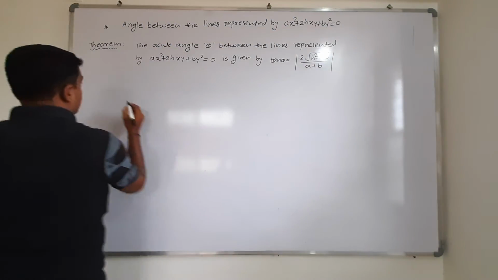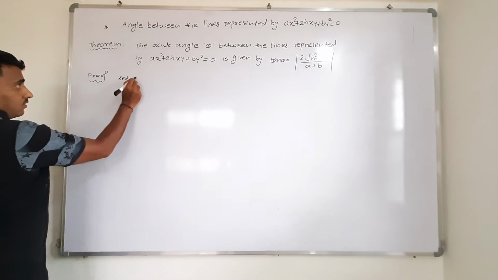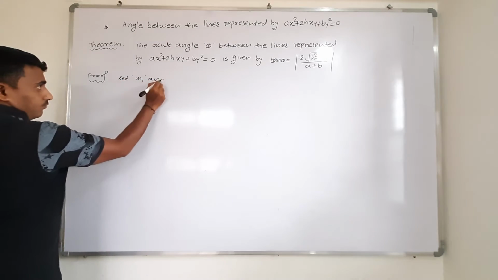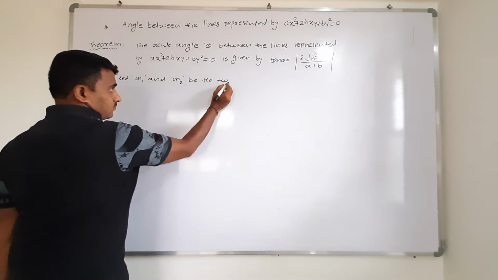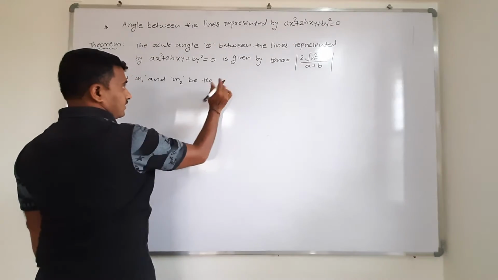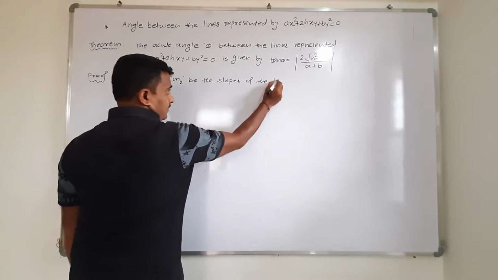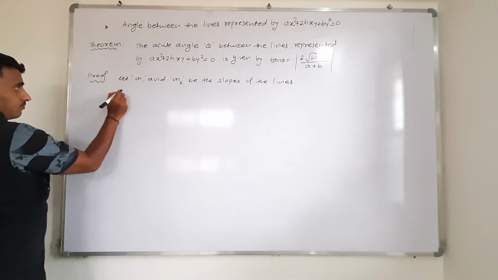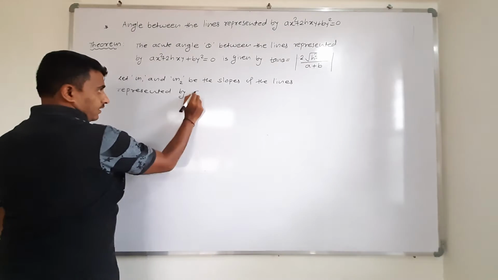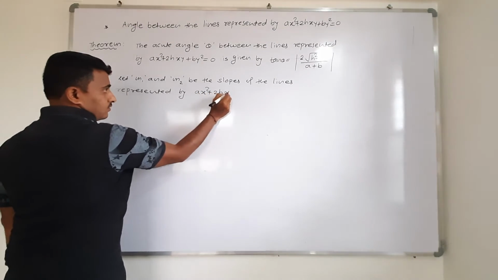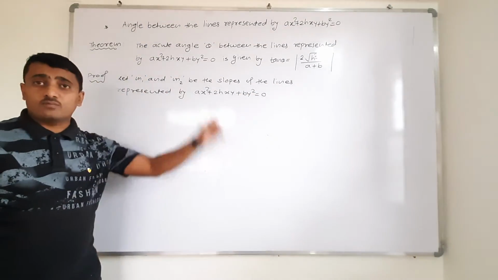Now proof of this theorem. Proof. Let m1 and m2 be the slopes of the lines represented by ax square plus 2h xy plus by square is equal to 0. याच्यामध्ये असणाऱ्या दोन लाईनचे स्लोप m1 आणि m2 असे सपोज करूया.